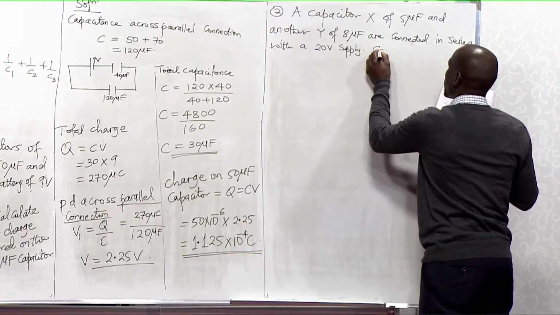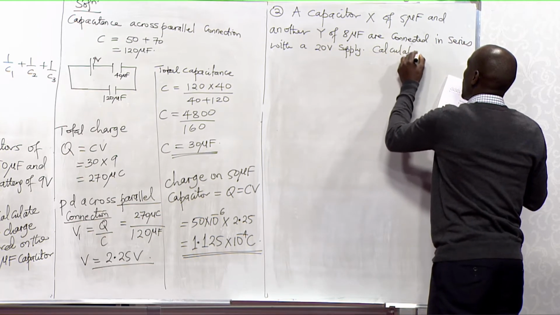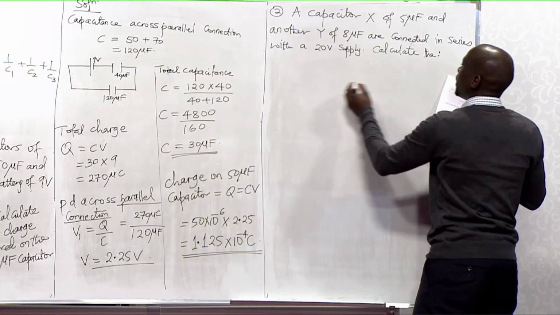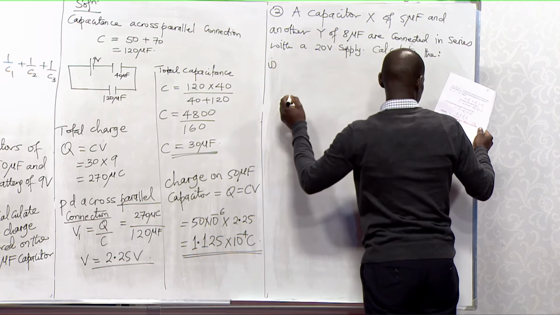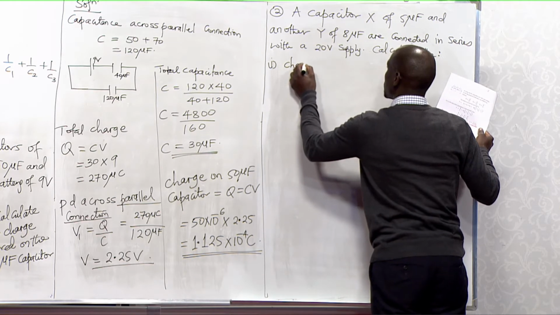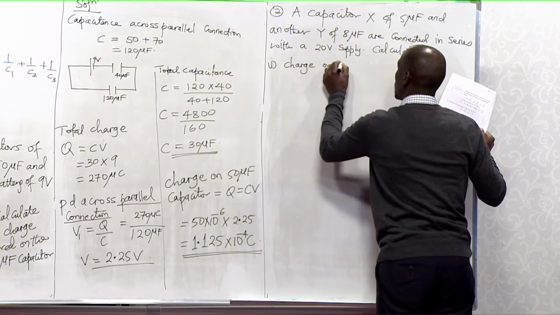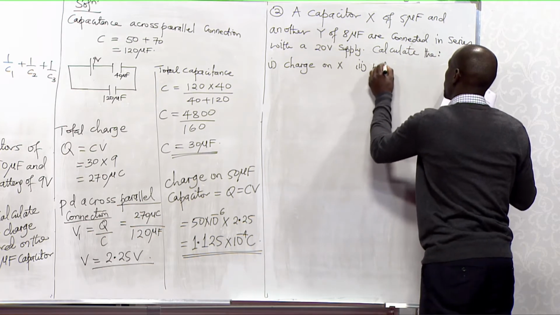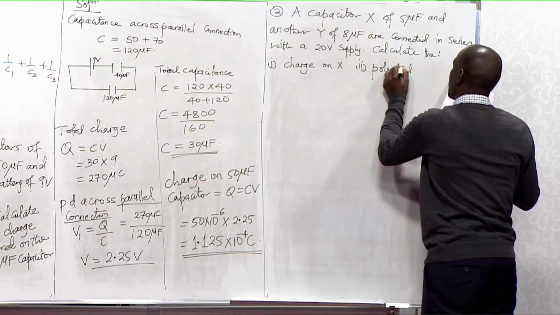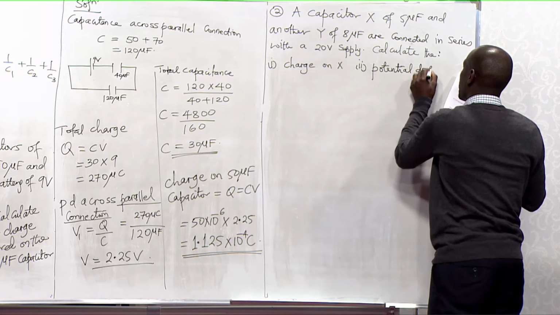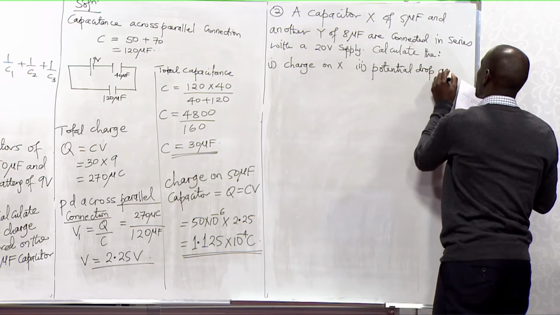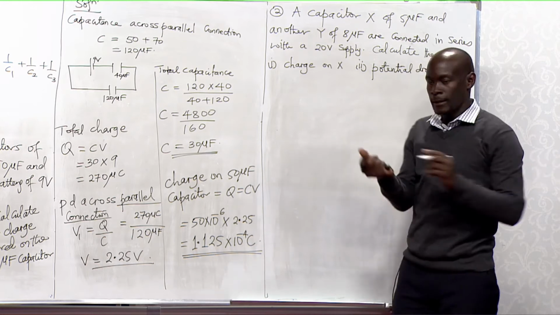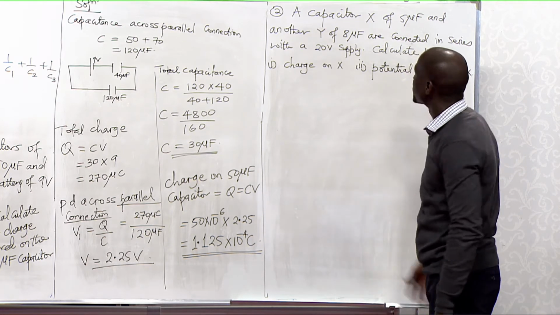Full stop. Calculate the, I can put a colon here, Roman 1, charge on X, Roman 2, potential drop across X. That is what we have, my dear candidates.